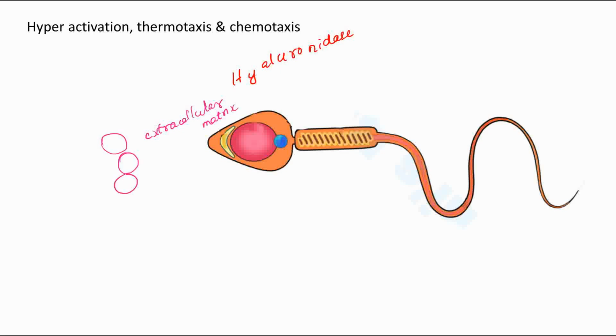We know that these cumulus cells are present as a wrapping around the mature egg. Mature egg. Okay.